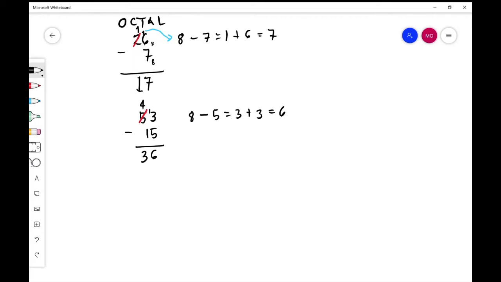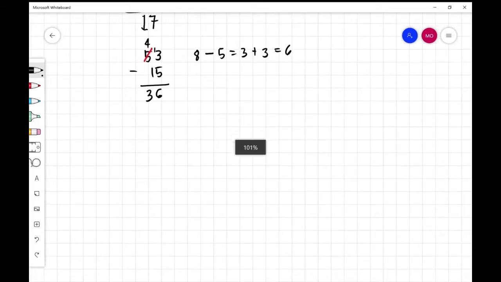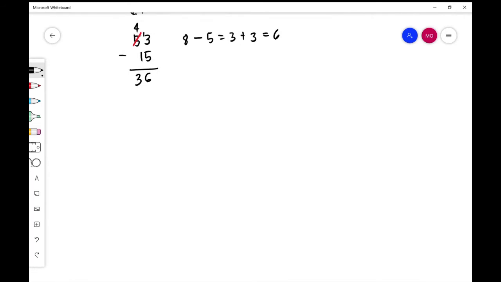Let's have another example. Let's say you have here 5003. Now we're going to subtract, let's say, 317. Okay. We're still in octal, so 3 minus 7 cannot be. We're supposed to borrow from 0. Of course, you cannot borrow from 0, so we go to the next number where we can borrow.